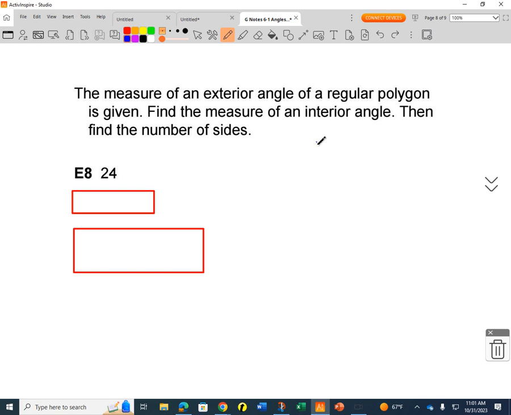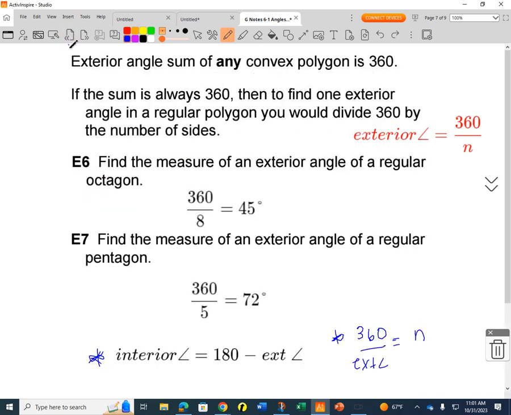So the measure of an exterior angle of a regular polygon is given. Find the measure of the interior angle, then find the number of sides. So how can I find the measure of the interior angle? We just learned that, right? The interior angle equals 180 minus the exterior angle.